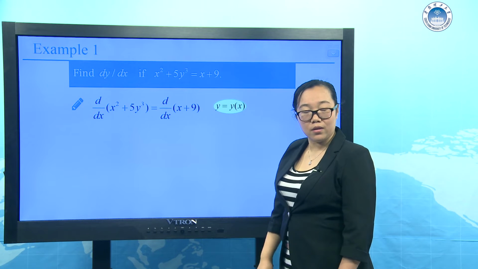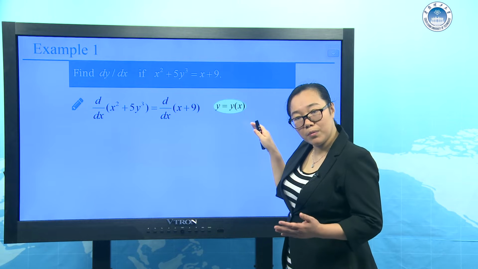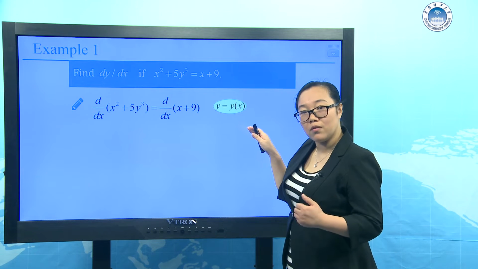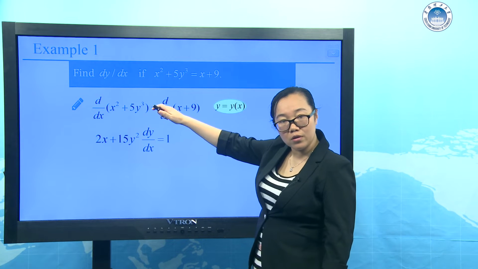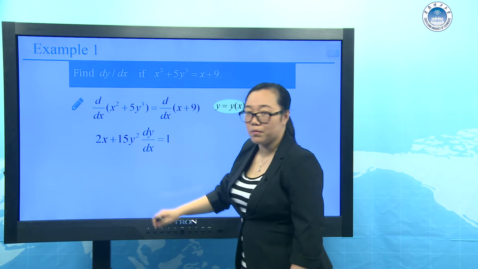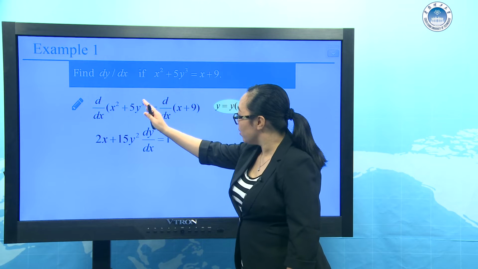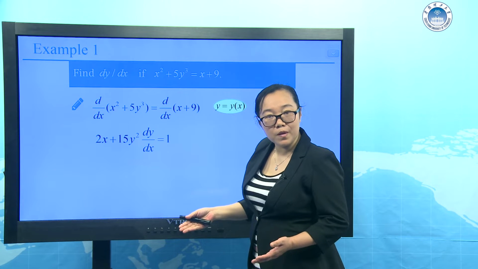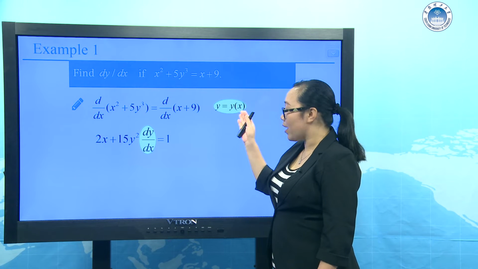Together, keep in your mind that y equals y(x). This means y is a composite function of x. For example, take the term 5y cubed. We get x squared becomes 2x. The derivative of 5y cubed is 5 times 3, which is 15 y squared times y prime, because y equals y(x).